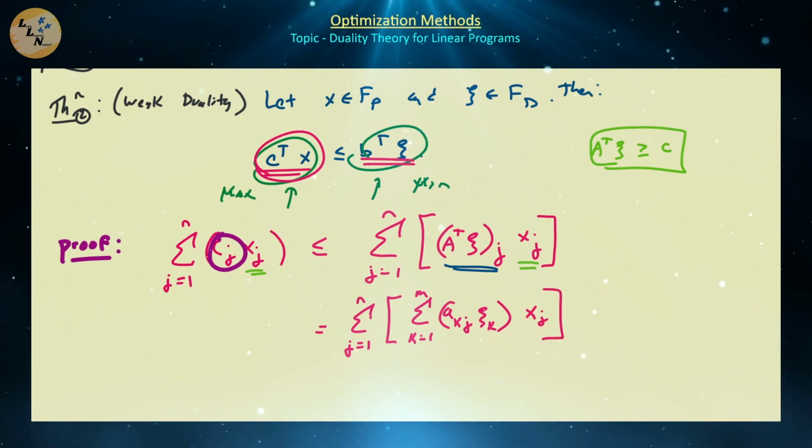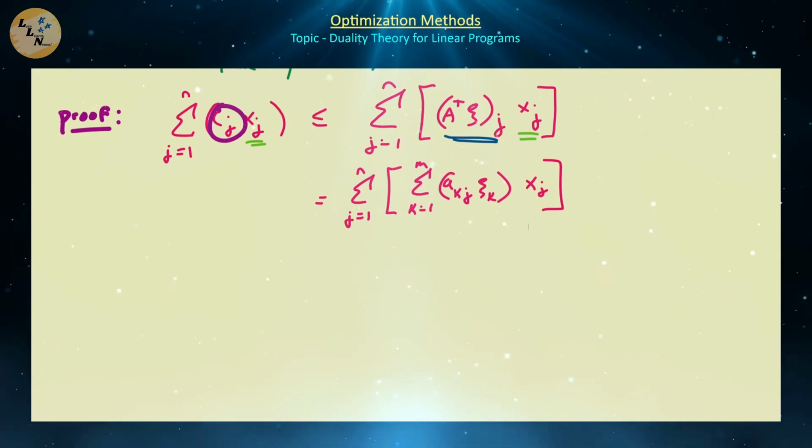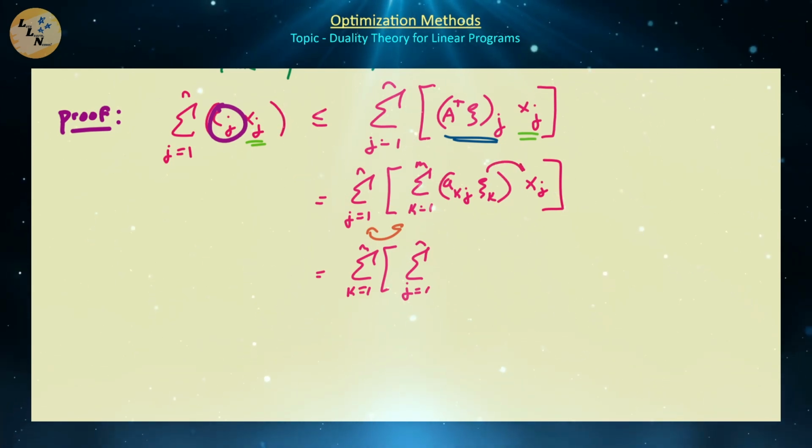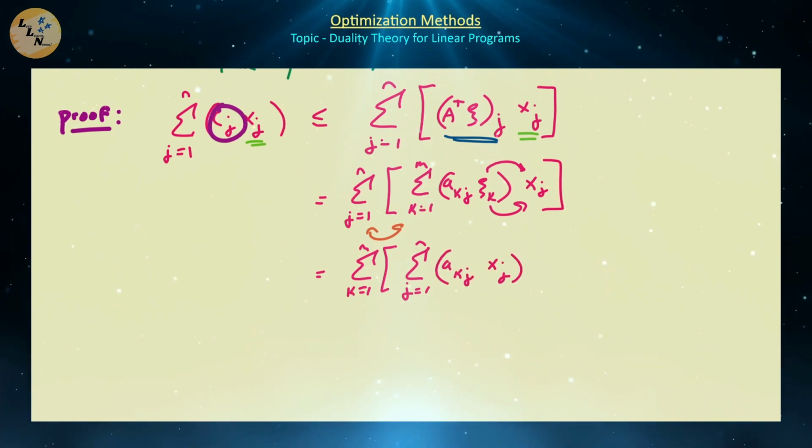Keep in mind, a_kj, psi_k, and x_j are all numbers. So I can rearrange these summations a little bit. That's equal to the sum from k equals 1 to m of the sum from j equals 1 to n, and since these are numbers, we can exchange them. So this is equal to a_kj times x_j, and then times psi_k.